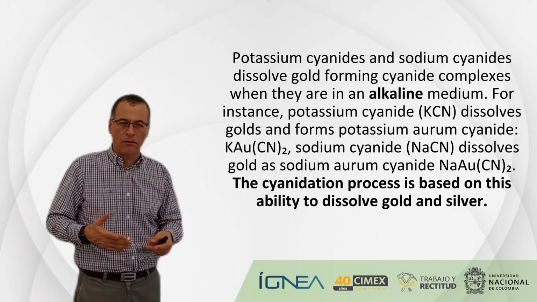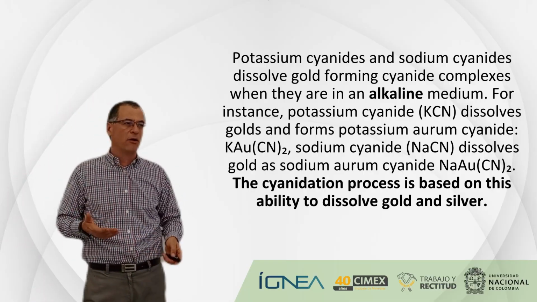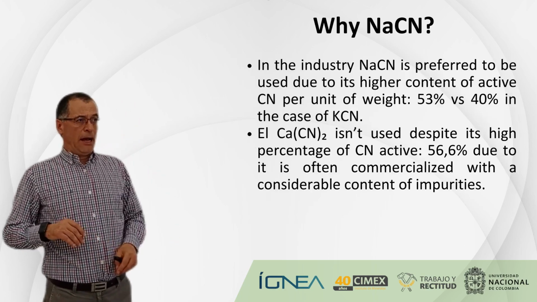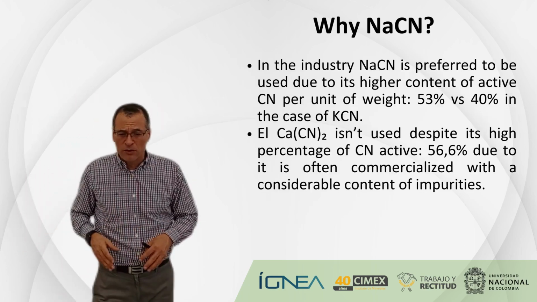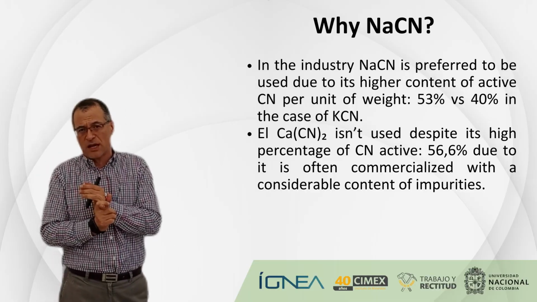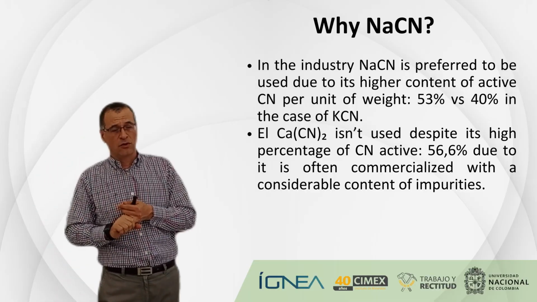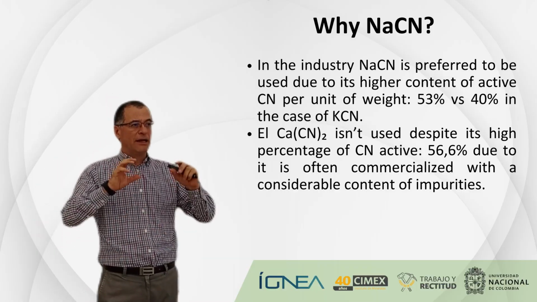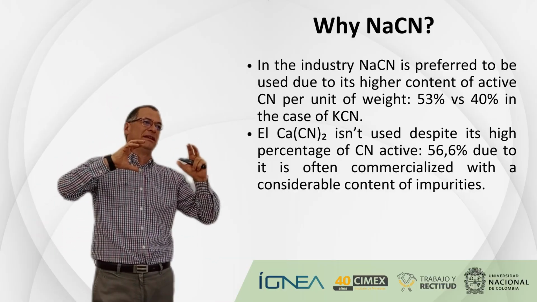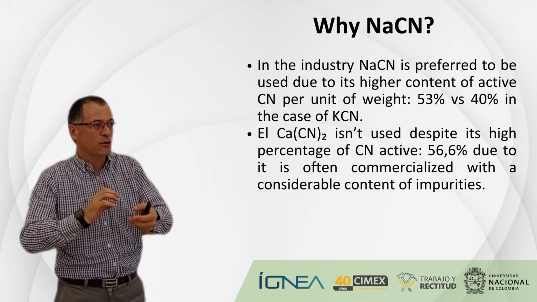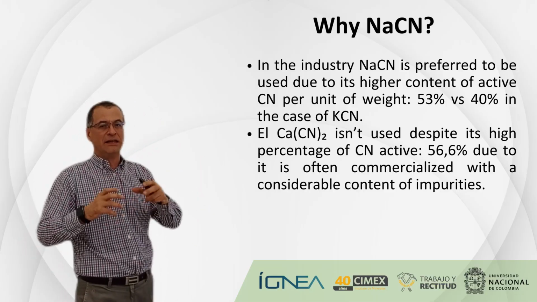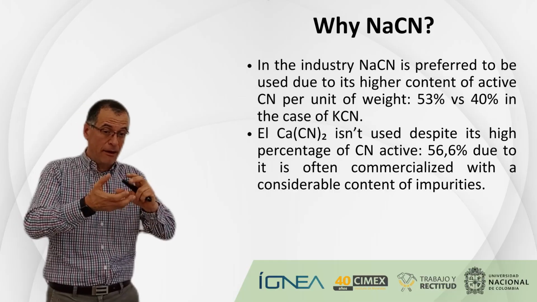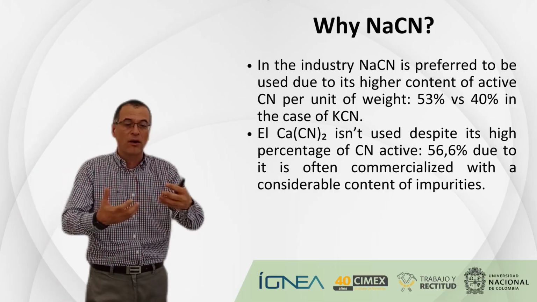They dissolve the gold, but the conditions maybe are not very easy. The most common cyanides are potassium cyanide, as I told you, sodium cyanide, and also calcium cyanide. They have the characteristics that could dissolve gold easily and create a new molecule.